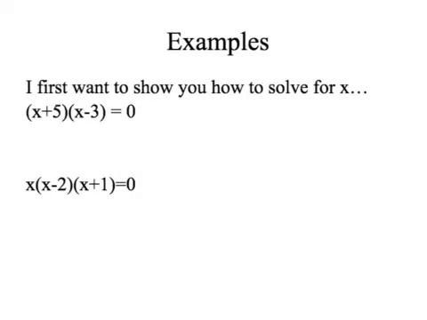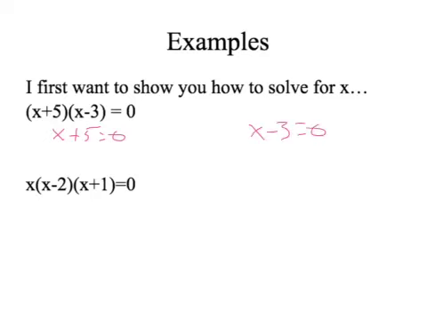Right, so first thing I'm going to do is show you how to solve for x. So let's say I had a problem and I completely factored down to x plus 5 and x minus 3. So what I'd want to do is separate it into 2 problems. X plus 5 equals 0 and x minus 3 equals 0.